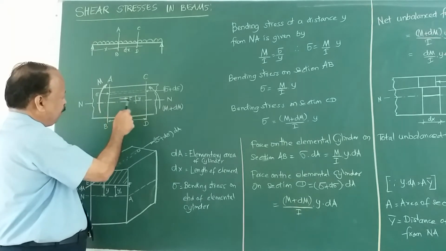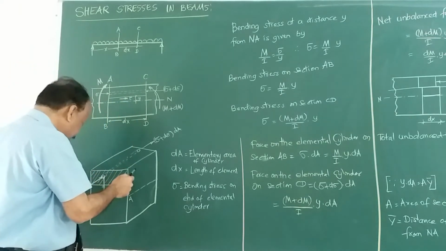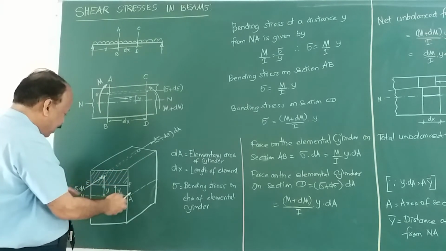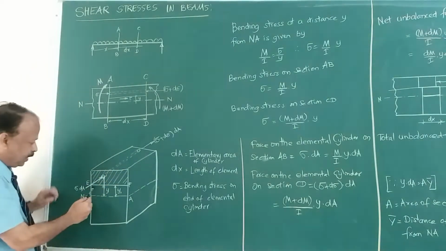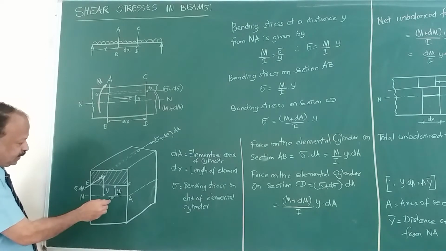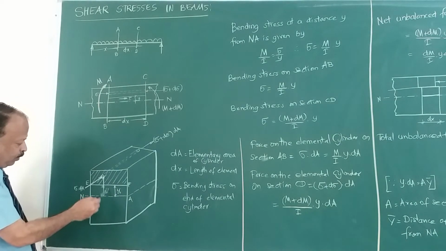If I magnify the figure further, we get this figure. Here this is the section, this is the width of the beam, and a layer EF is considered, where you are required to find the shear stress. This is at a level y1 from the neutral axis.